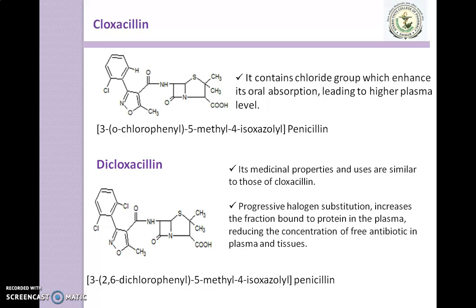The progressive halogen substitution increases the fraction bound to protein in plasma and therefore reduces the concentration of free antibiotic in plasma and tissues. Next is ampicillin.